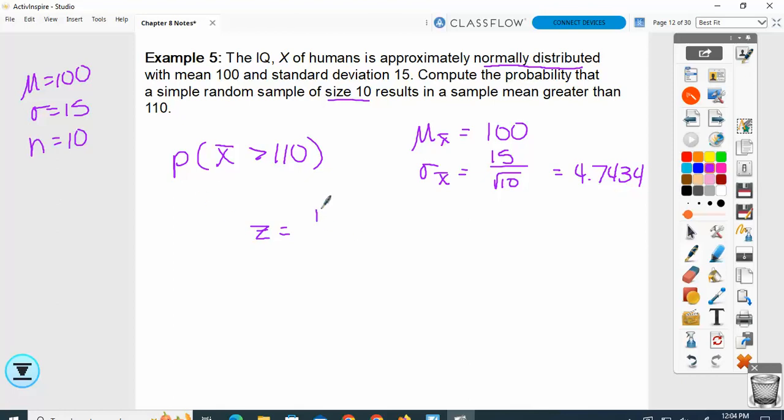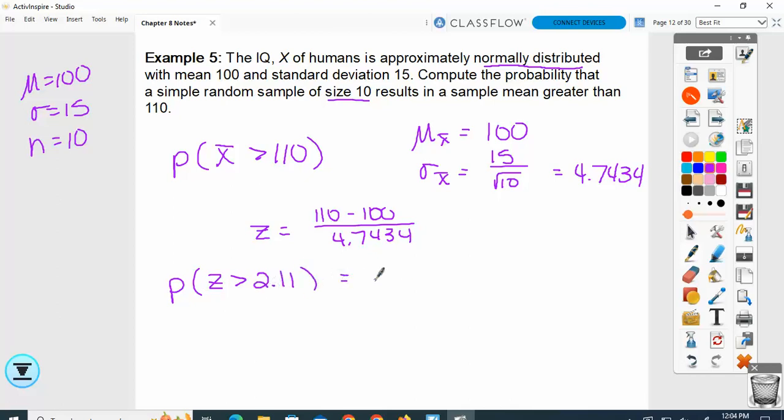So our z is our x bar minus the mean divided by the standard deviation. So the probability that z is greater than, that would be 2.11.